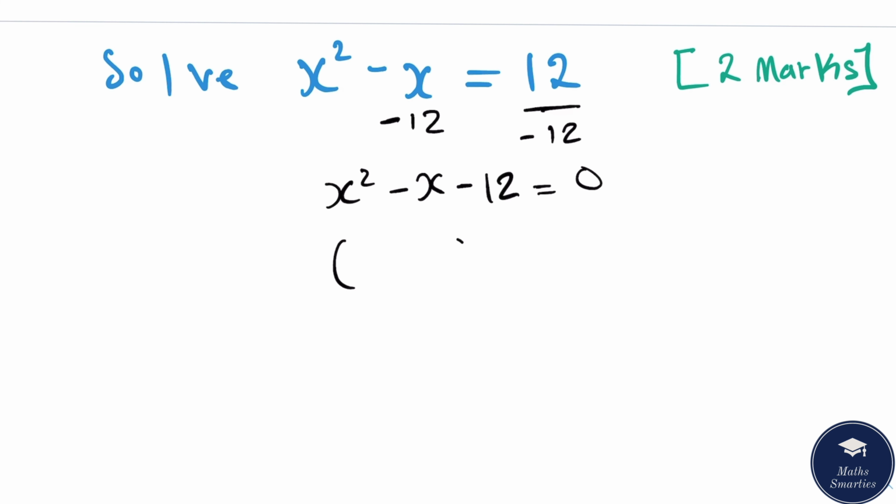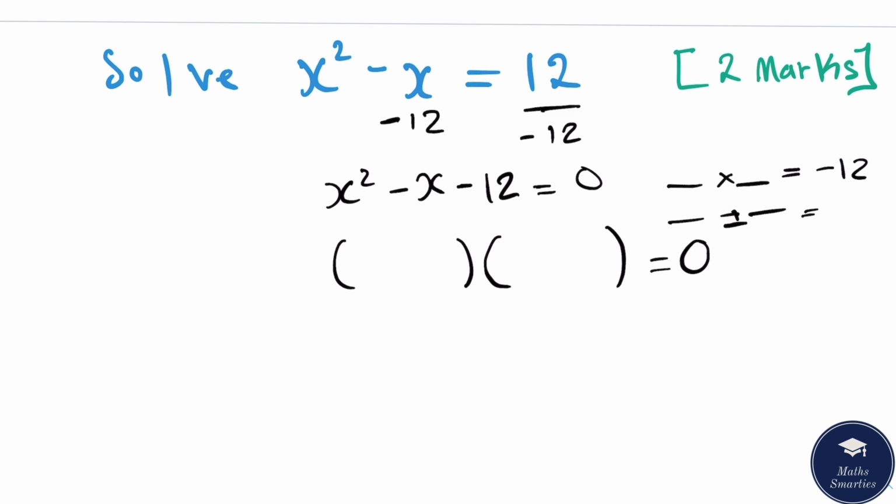Open 2 brackets, always. Because it's quadratic, we know it's going to be 2 different solutions. So, what 2 numbers do we multiply to get minus 12, and what 2 numbers do we add or subtract to get minus 1? This is minus 1.